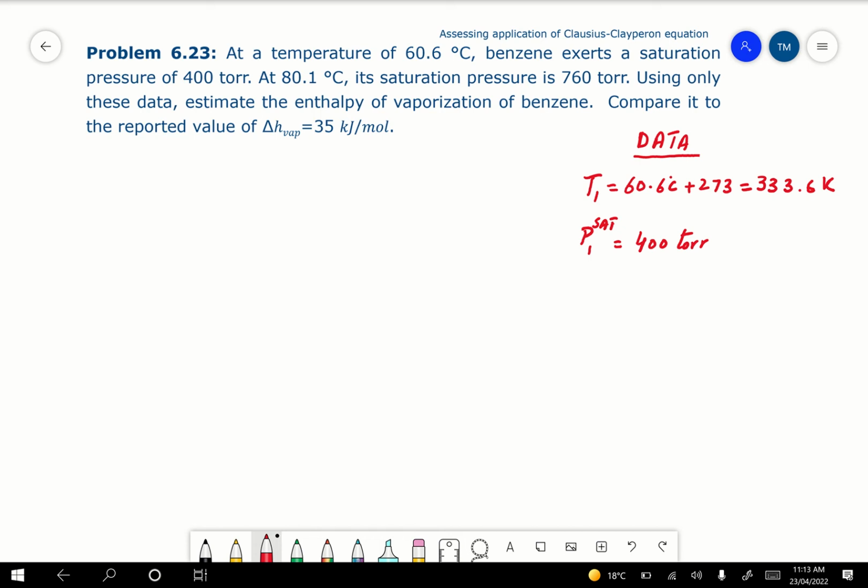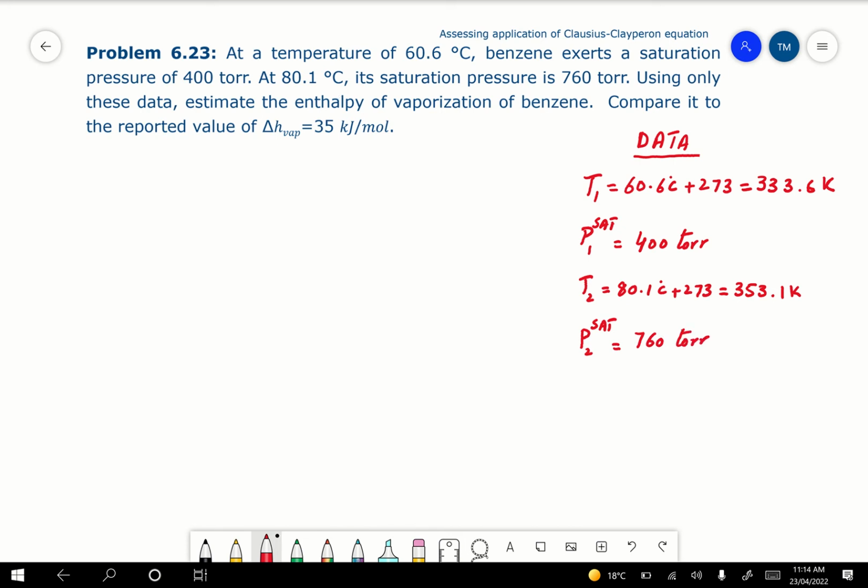Then at 80.1 degrees Celsius, which is T2, plus 273, that becomes 353.1 Kelvin, and its saturation pressure is 760 torr. So this is P2 sat, 760 torr.